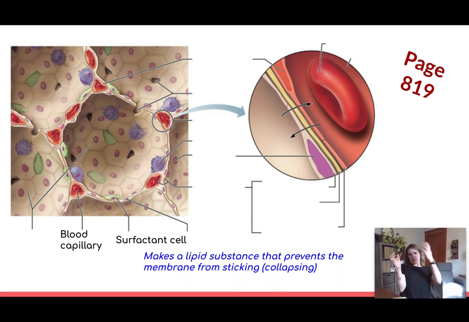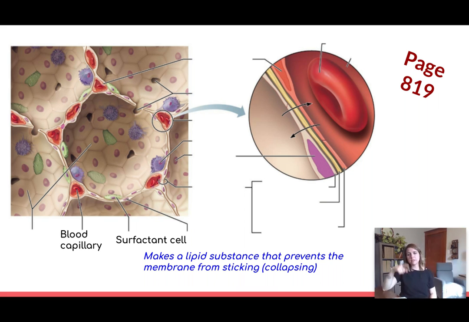And as you inhale and exhale air constantly throughout your day, the pressure is changing inside those sacs. If every time the air left those sacs they just totally closed and collapsed, it'd be very hard to reinflate them. Remember, if you've ever blown up a balloon, it's really hard to get that balloon started. But once you've got a little bit of air in it, it's really easy to keep it inflated. That's kind of how these air sacs are.